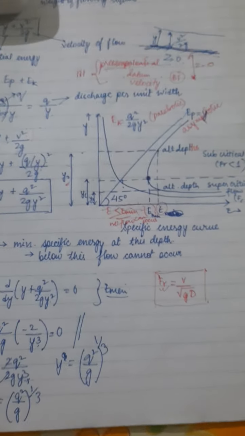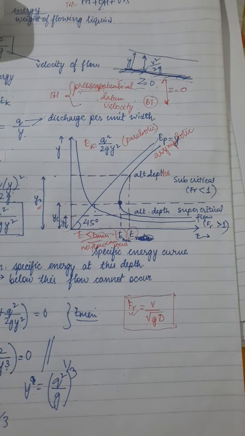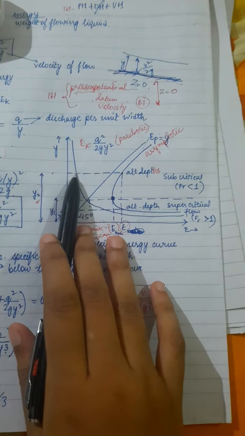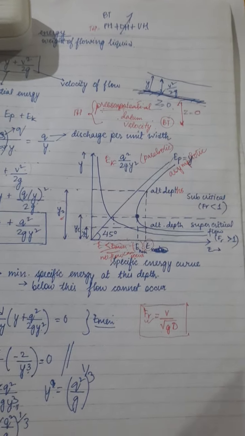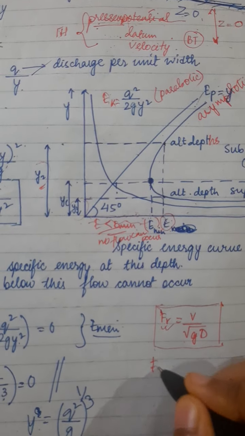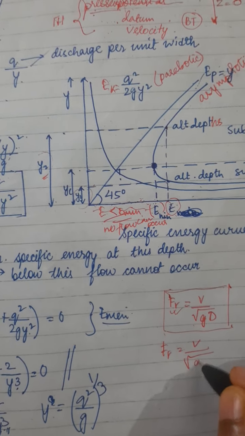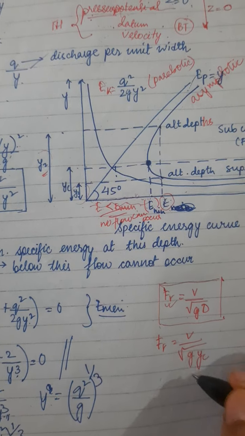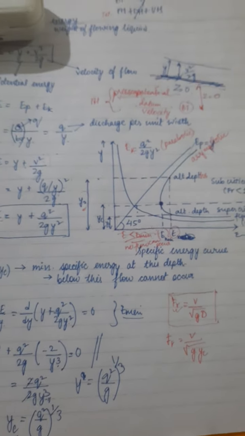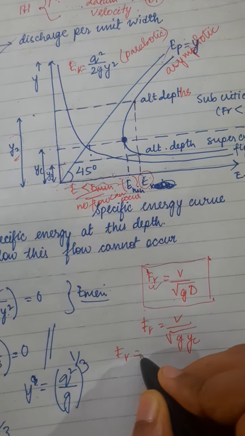So what happens when we have a greater y and Fr is less than 1, okay. Fr is v by root over gD, and this is actually the hydraulic depth, so we can also replace it with yc. So actually this is v by vc, where Vc is the critical velocity. So what is this? Froude number is the ratio of inertia.